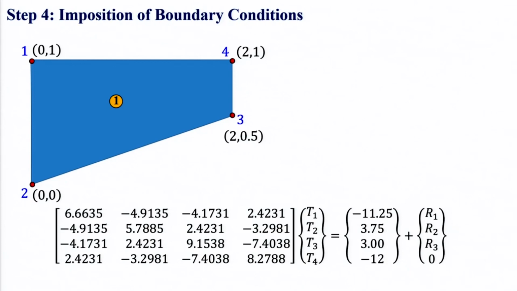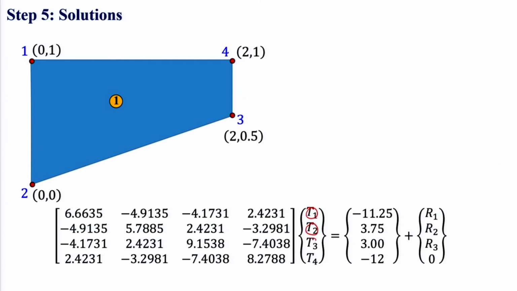What boundary conditions do we have? At these points T1 is equal to 0, T2 is equal to 0, and T3 is equal to 0. If we impose the boundary conditions, the final equations will be this. See, these will all be 0, right? The only unknown we have is T4.